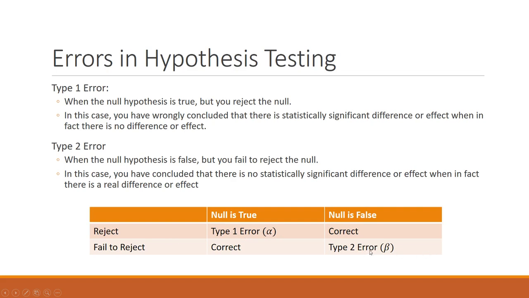There's also the opposite type of error. If we fail to reject the null hypothesis, that means we have evidence to suggest that the null hypothesis is true. But if we fail to reject and it turns out that the null was actually false, that would be a type 2 error.